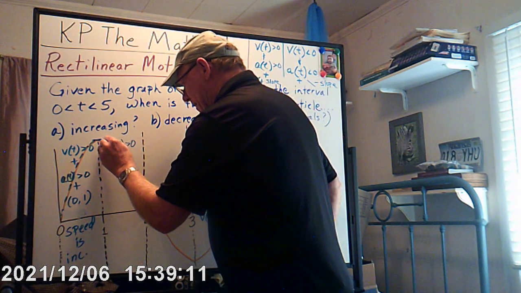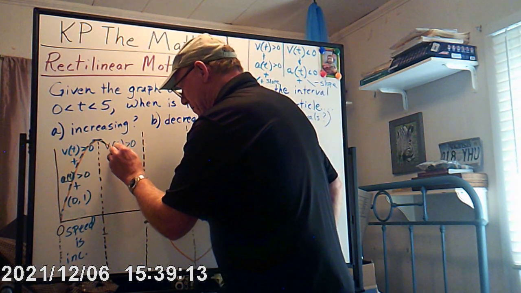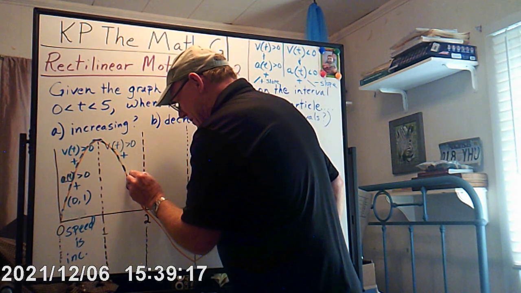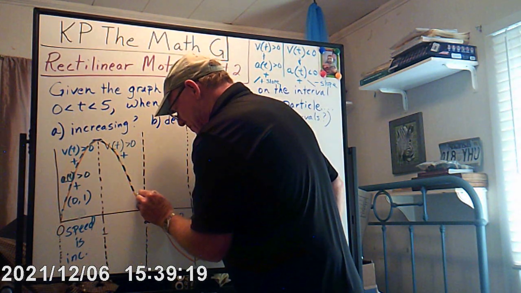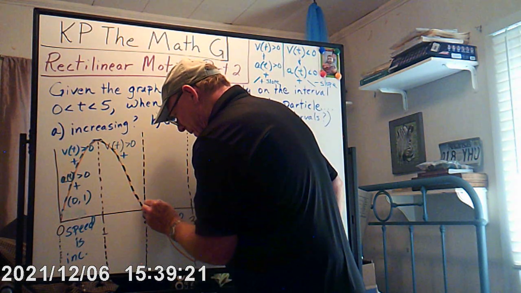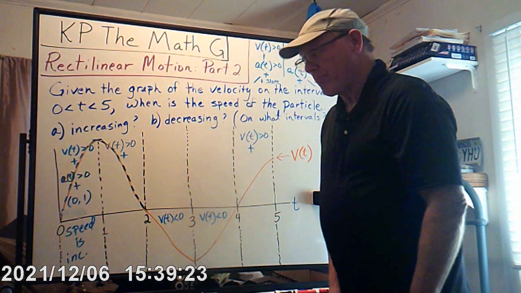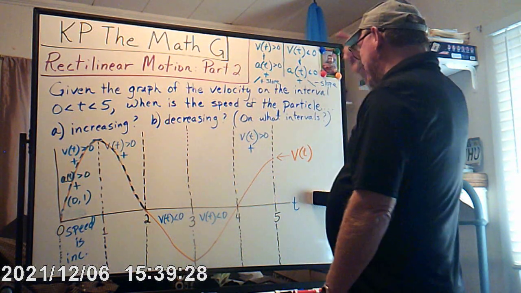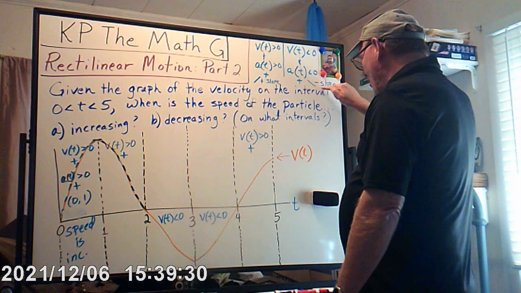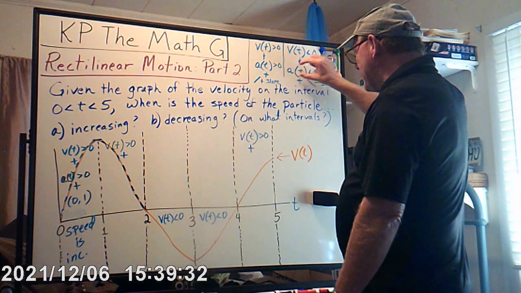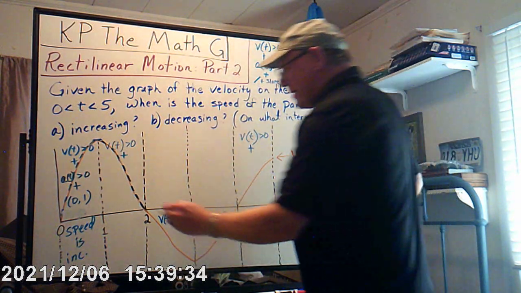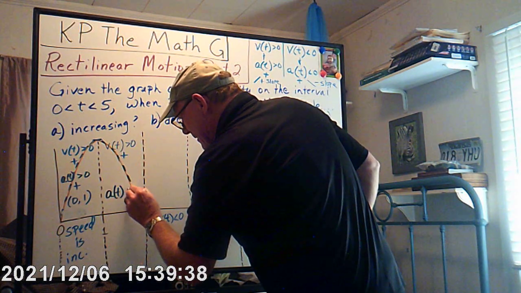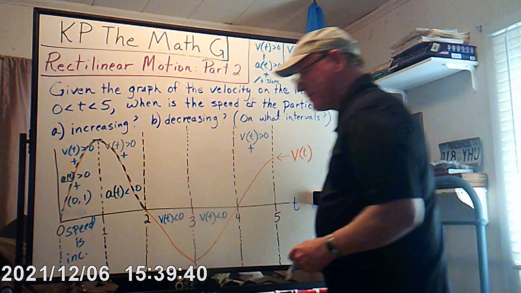Look at this slope and this one. Which way are those tangent slope lines slanting? They're slanting to the left. So if this is a left slant, the slope is negative, so A at t is also negative. A at t is less than 0.